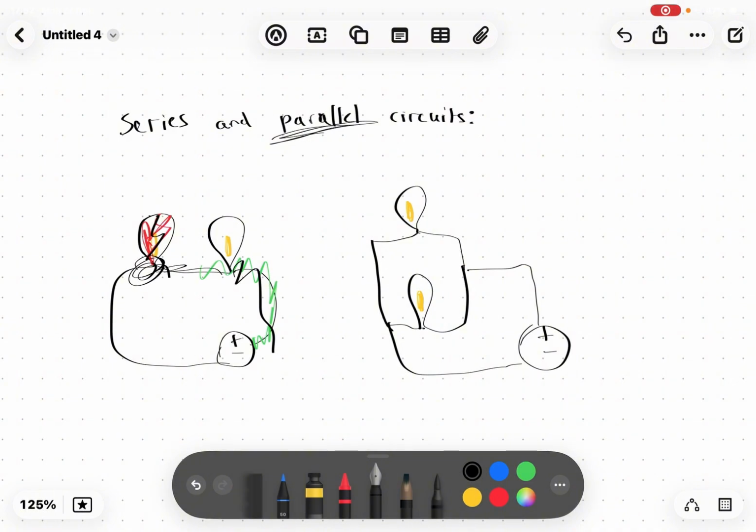It's trying to get here, but because it's broken, it's not even going to go. And the solution to that is to wire the circuit in parallel, because the current has two ways. If this one's broken, it's just not going to go to this wire. Over here it's going to be like no, road closed, and over here it's going to be like beep beep beep, and just continue.